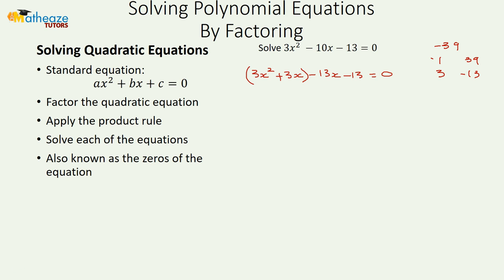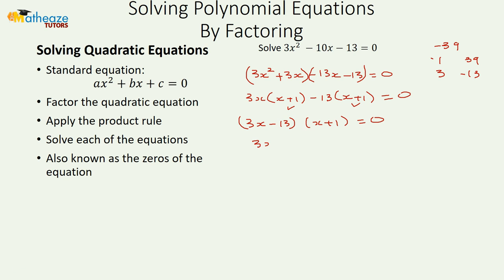So we're going to factor this by grouping. We factor out 3x, and we have x plus 1. And we factor out negative 13, and we have x plus 1 equal to 0. So terms in the parentheses are the same. So we can now get our factors: 3x minus 13, x plus 1 equal to 0.